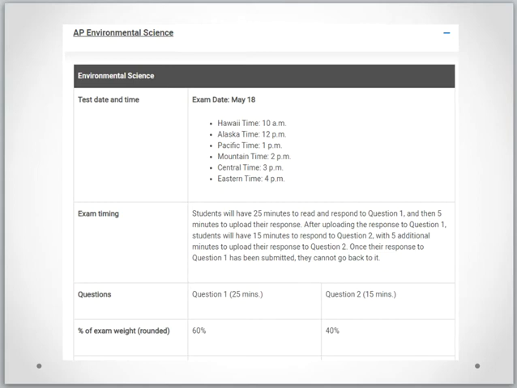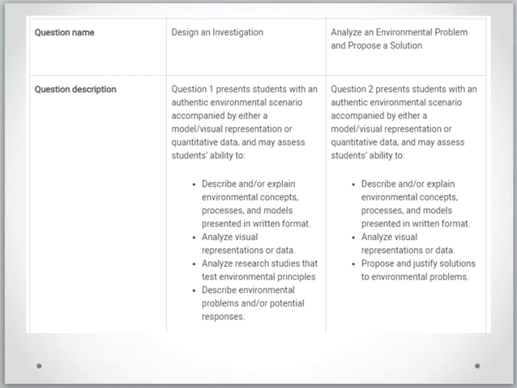So you have 2 questions, 25 minutes for question 1, 15 minutes for question 2, and 5 minutes after each question to submit it. Once you have submitted question 1, you cannot go back. So it counts for 60% of the weight on that question, and then 40% of the weight on question number 2. So you need to be clear on that.